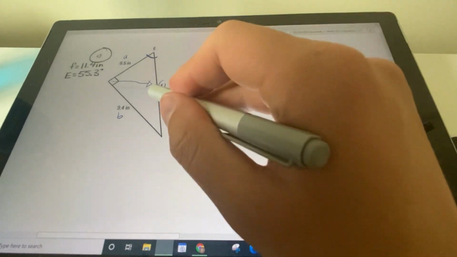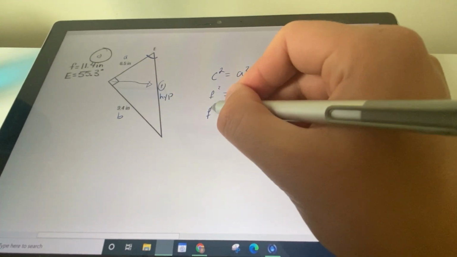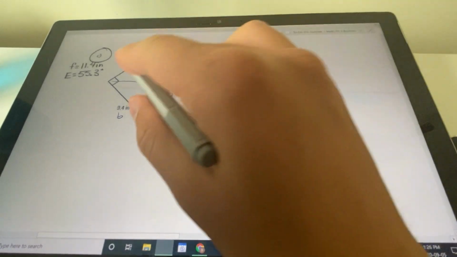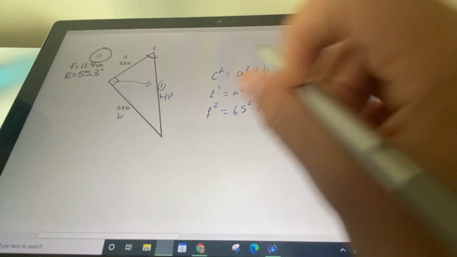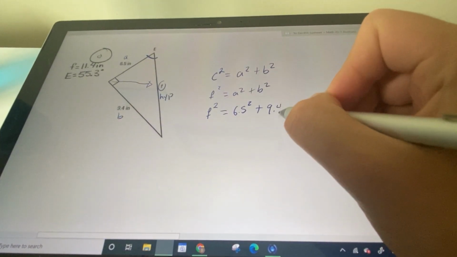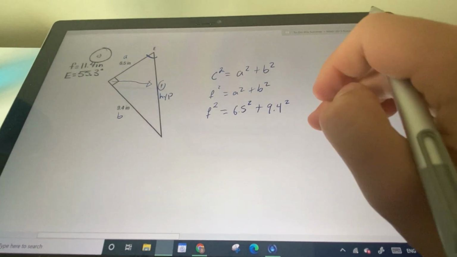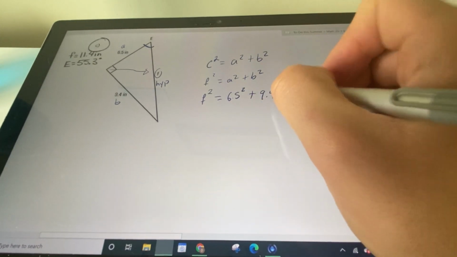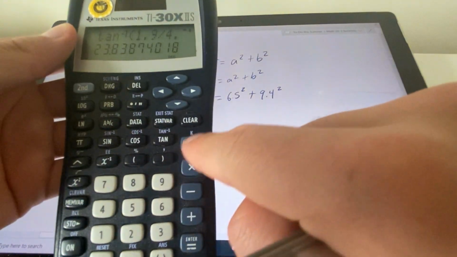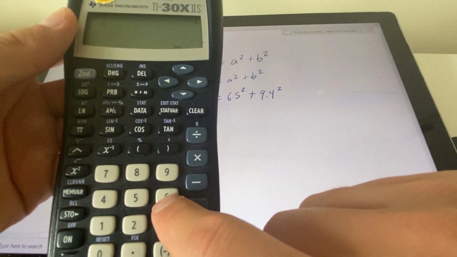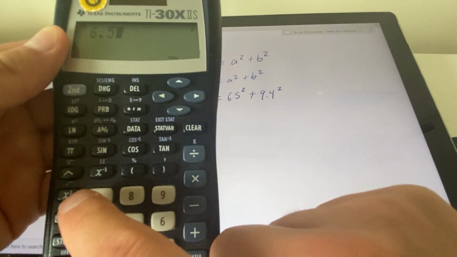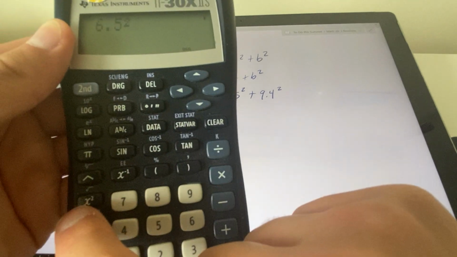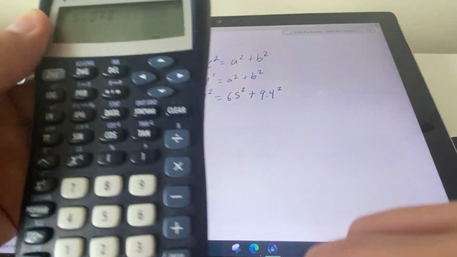Now, we can solve for what F is. F squared equals A squared, which will be 6.5 squared plus 9.4 squared. Okay, make sure you do not forget to square. Okay, so you could do that. I'm going to do this all at separate times. So I'm going to figure out what 6.5 squared is. First, you have a square button here that will square it.